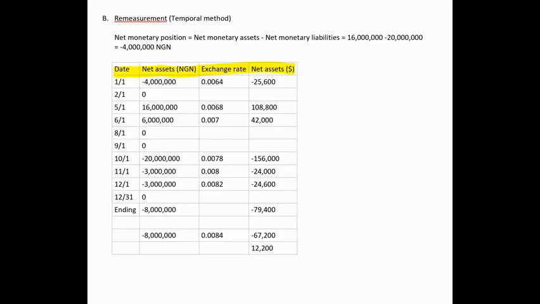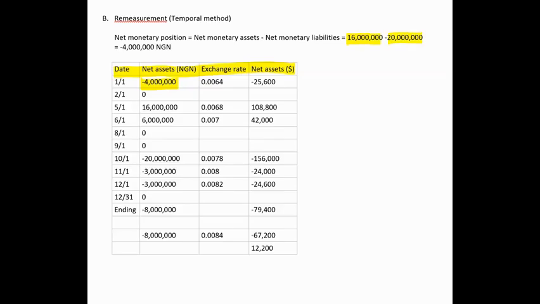On January 1st, the beginning balance of net asset in NGN equals negative 4 million. How do we get negative 4 million? We use 16 million, the total amount of cash, minus the 20 million notes payable, which gives us negative 4 million.